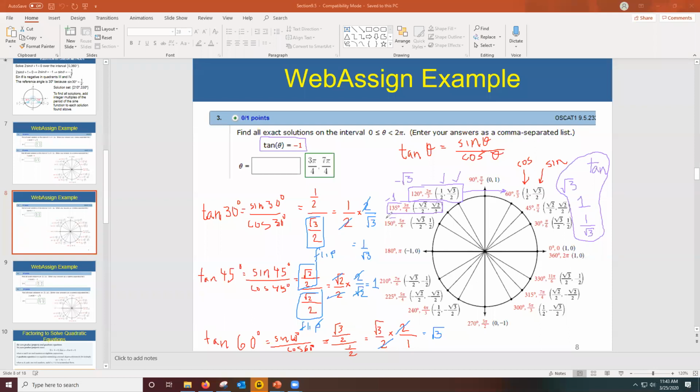And finally, the tan of 150. Well, that's going to match up to the tan of 30. It's the same calculation. But again, it's going to be a positive divided by a negative, which is a negative. So the tan of 150 is going to be negative 1 over square root of 3.